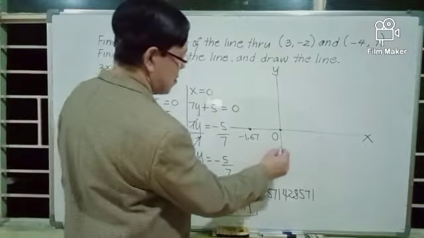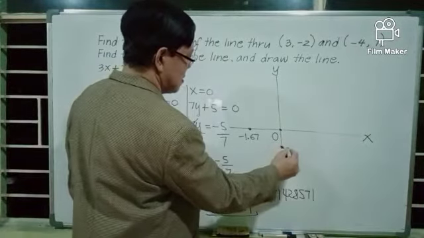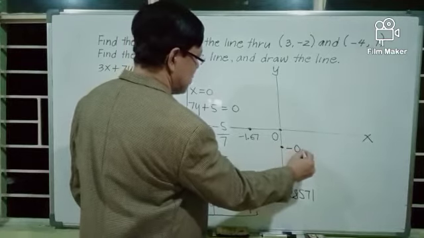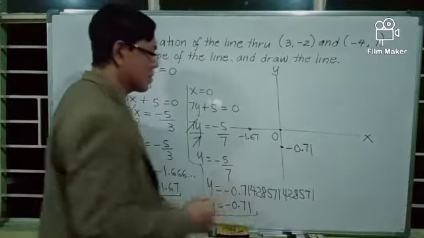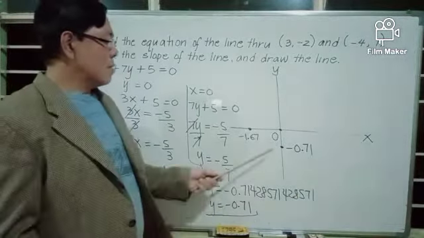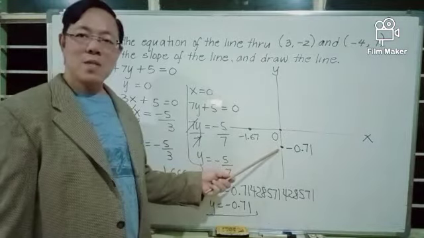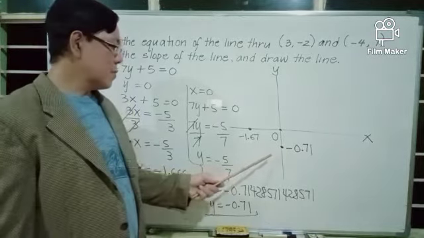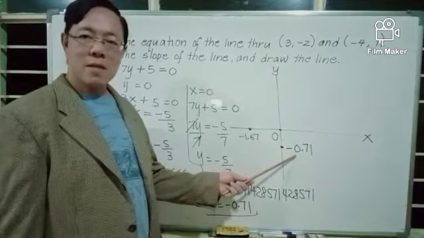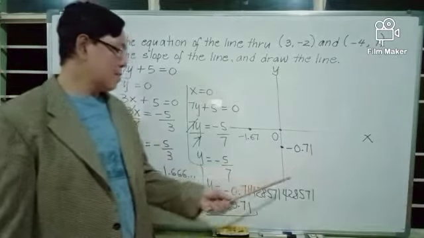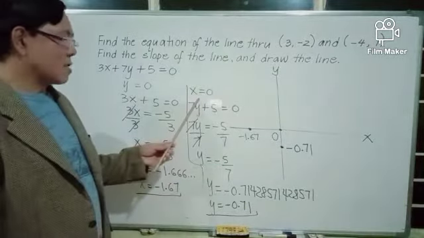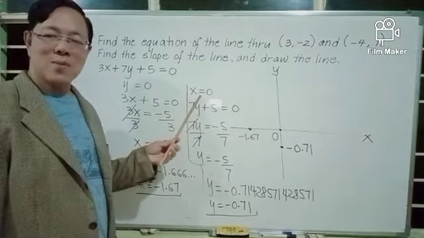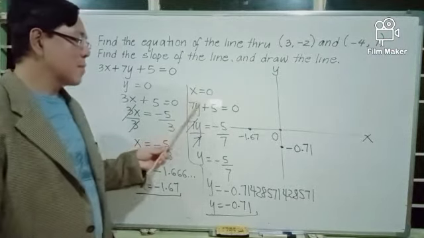Again, we approximate. This is negative 0.71. The coordinates of this point are 0 and negative 0.71. Abscissa is 0 because we assign 0 to x.